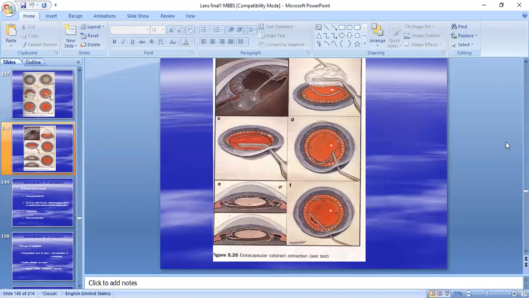Before that, I forgot to mention, suppose you do the surgery, if you put in the IOL immediately after extracting the nucleus, then it is called primary IOL implantation. Secondary IOL implantation is another procedure where we don't put in the IOL immediately on the first sitting, and we try to put it in at a later stage. That is secondary IOL implantation. These two things you must know.